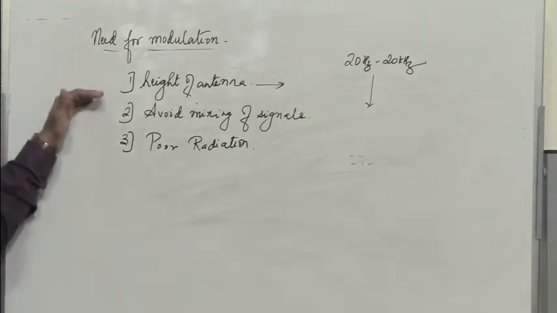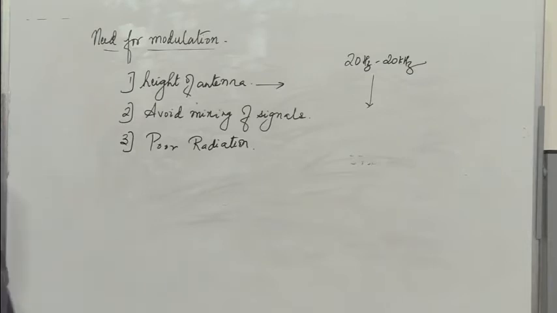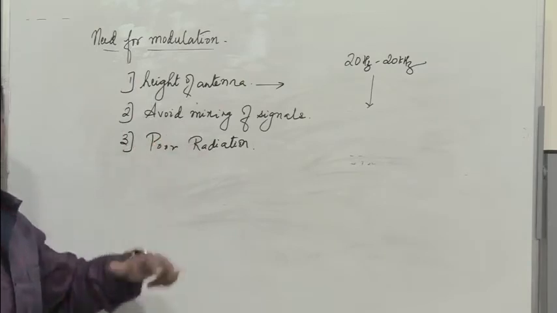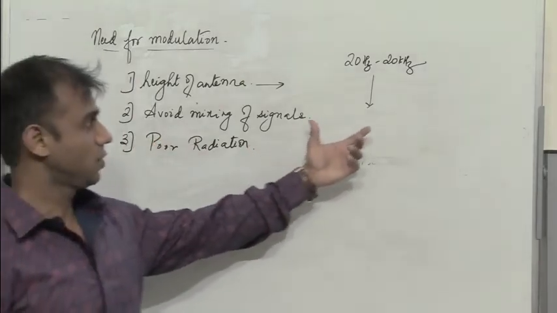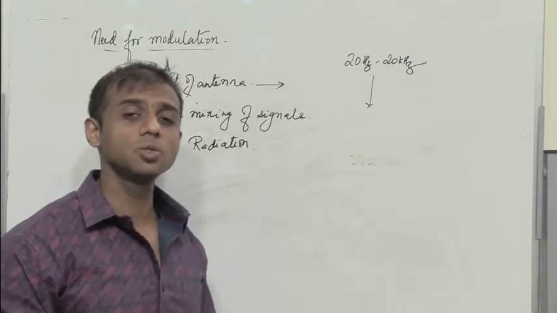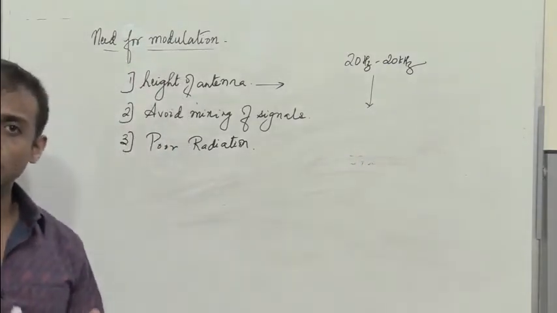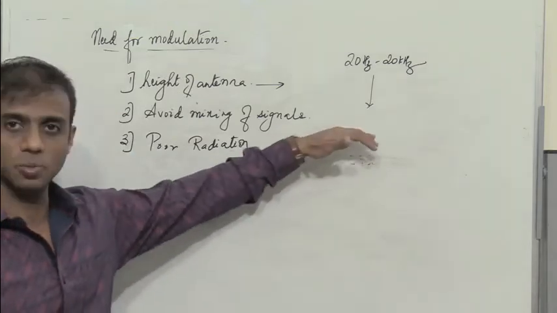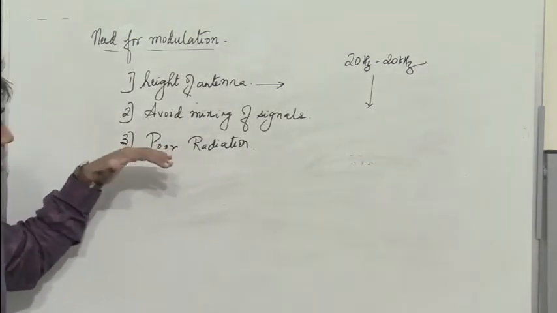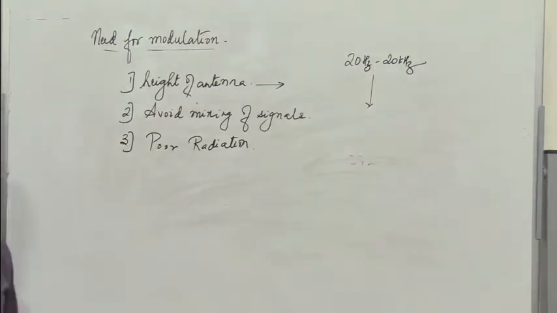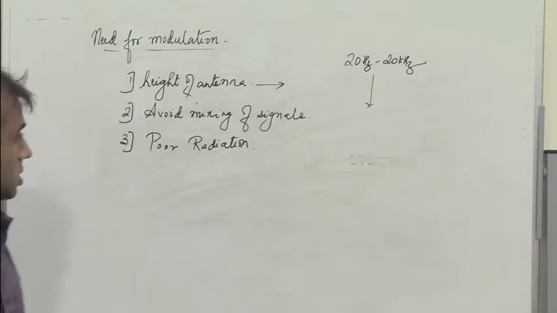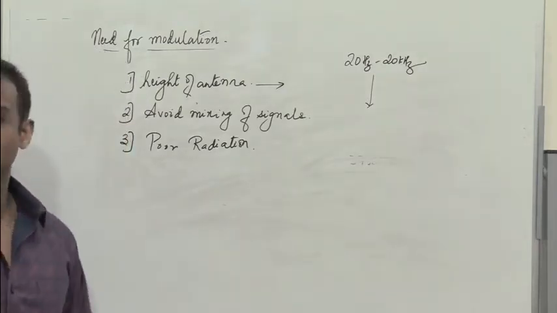So the need for modulation is to reduce the height of the antenna, to avoid mixing of signals because all the message signals lie in this frequency range, to have better reception at the receiving end, and also because of poor radiation. These low frequency signals are highly attenuated and have low energy, they cannot travel long distances, so we need to go in for modulation.